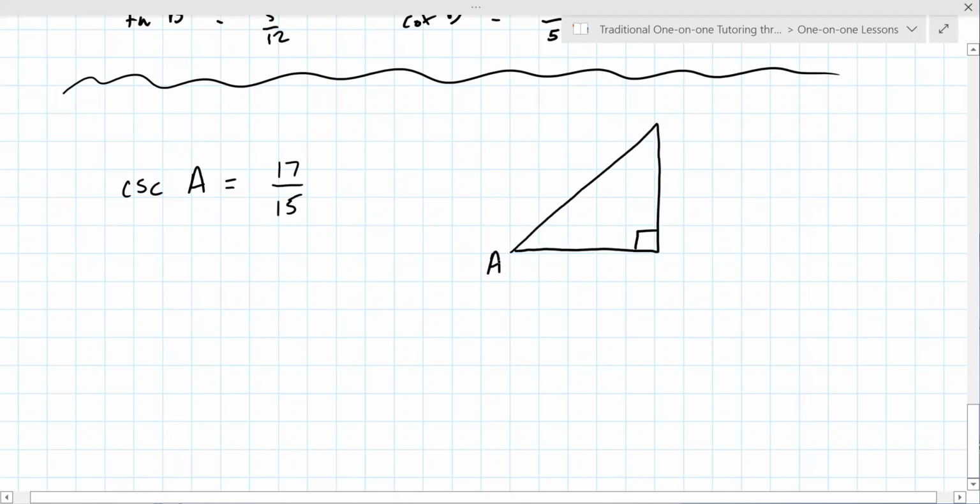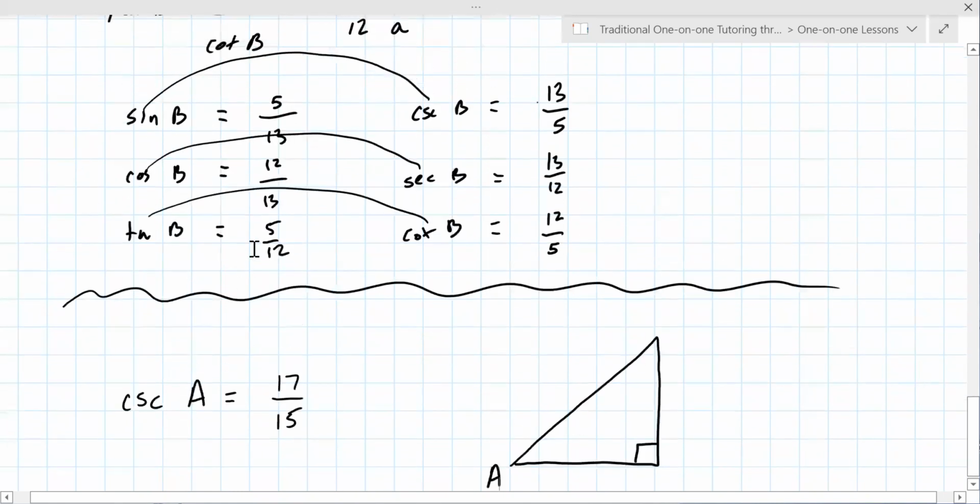Okay. So I want you to tell me, which of the other trig functions is cosecant the reciprocal of? Cosecant goes with sine.